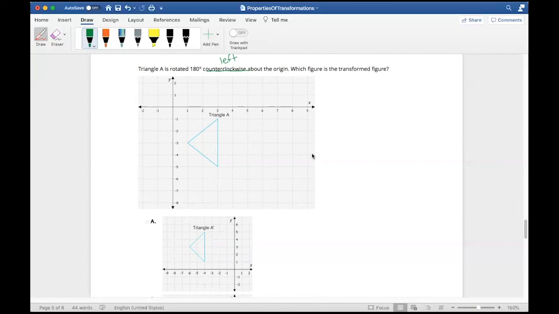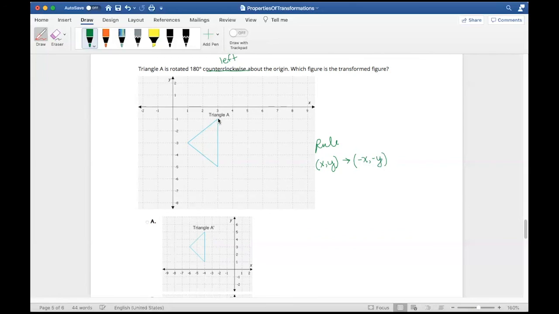Another way, again, you can look up that rule for your 180 counterclockwise rotation. It would be taking your point, X, Y, and what happens is both X and Y just become the opposite.